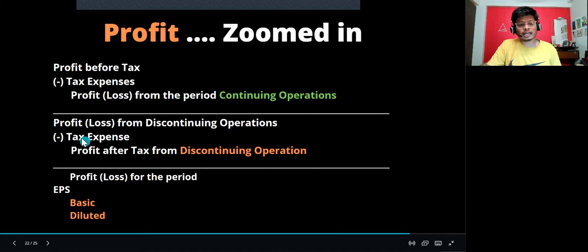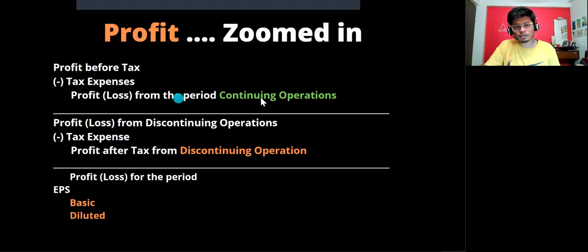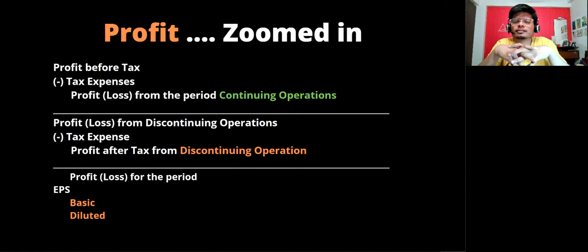That's the entire thing. And then if you add the profit and loss from continuing and discontinuing business, you get to this one. So for example, Saregama has a loss making publications business. And let's say I, as management, have decided that we are closing it down.